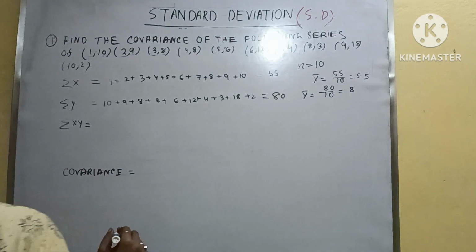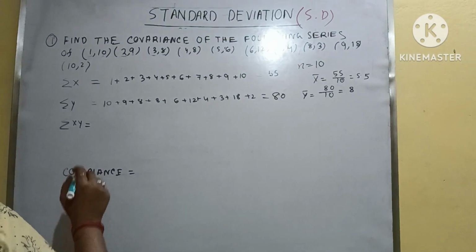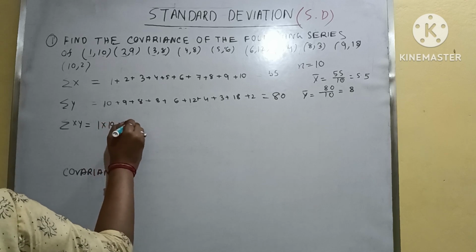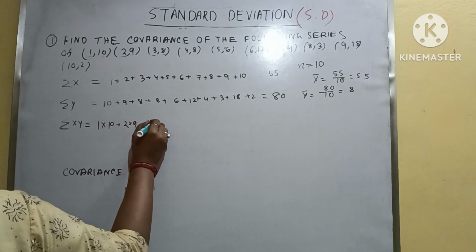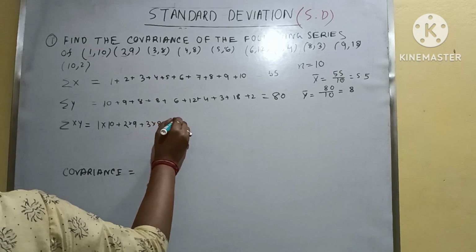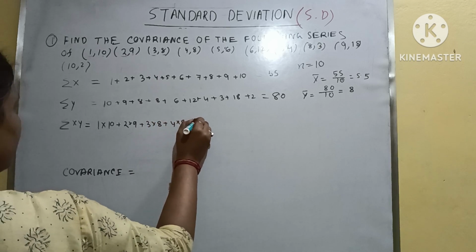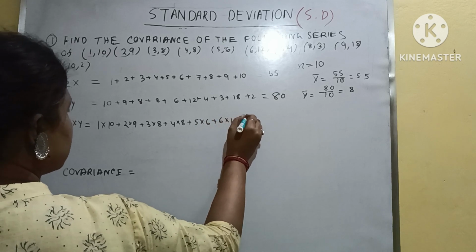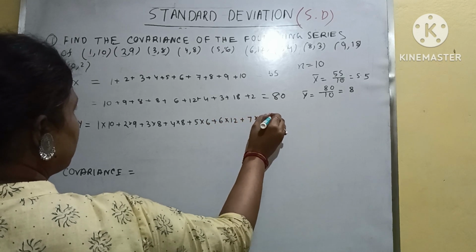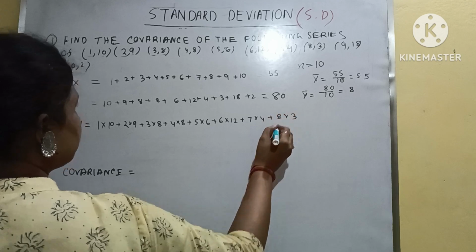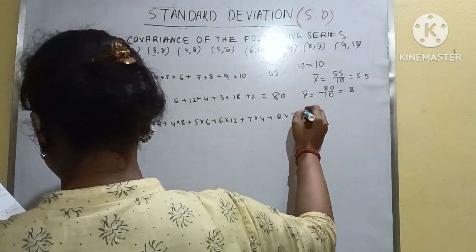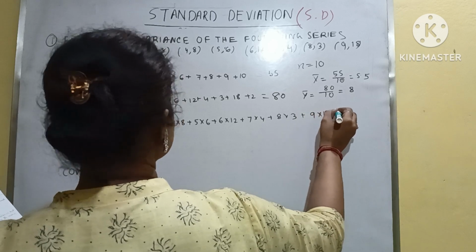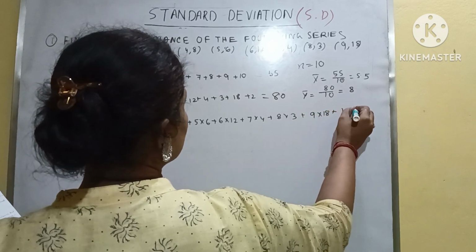Clear? Then summation of xy. xy means 1 into 10 plus 2 into 9 plus 3 into 8 plus 4 into 8 plus 5 into 6 plus 6 into 12 plus 7 into 4 plus 8 into 3 plus 9 into 18, and then plus 10 into 2.